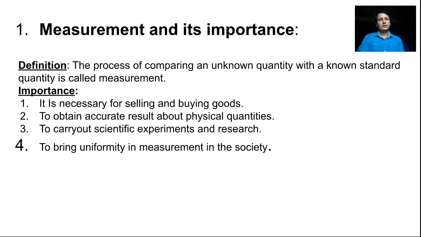For example, when you go to buy something in the market, the shopkeeper compares the goods with standard weights, then he will give it to you. Also another example, while measuring the length of a book, it is compared with the length of a scale. In this case, the length of the book is the unknown quantity, whereas the length of the scale is the known standard quantity. So the comparison of an unknown quantity with a standard known quantity is called measurement.